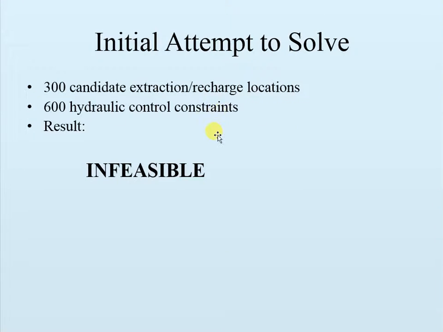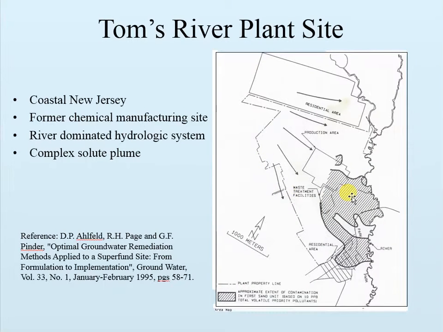The overall problem was about 300 candidate extraction and recharge locations, 600 hydraulic control constraints, and as you see on the screen, the result was infeasible. An important and useful result. In this case, it turned out that it was simply impossible to recharge the water in these two locations and at the same time generate the capture that was necessary.